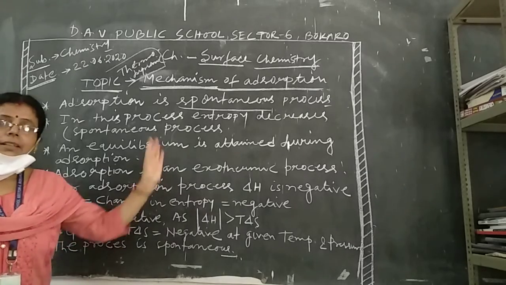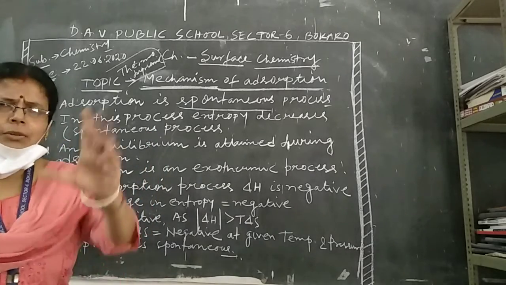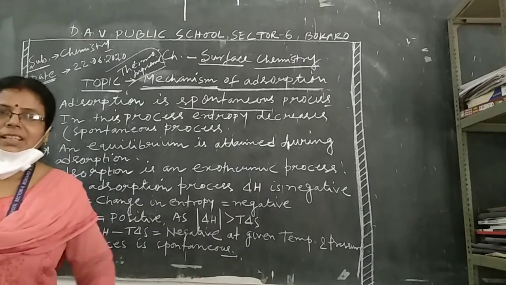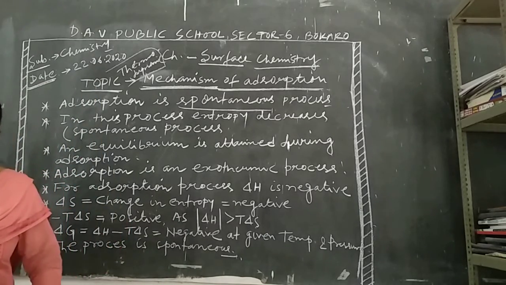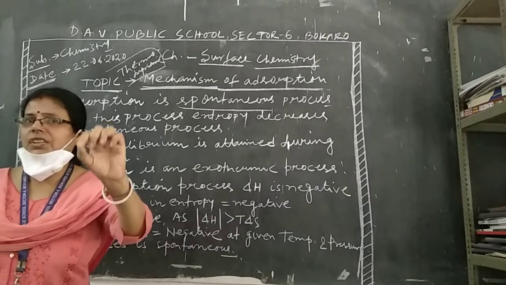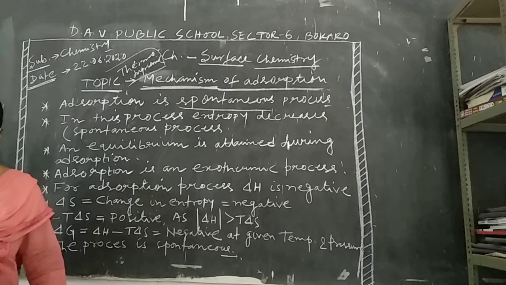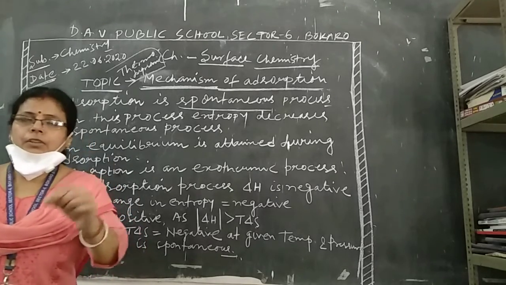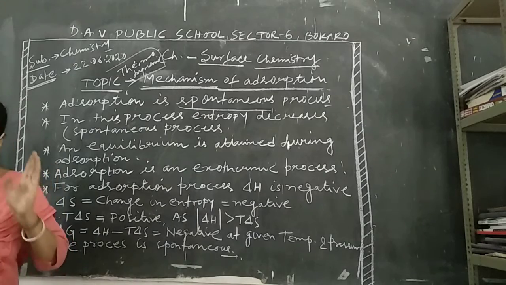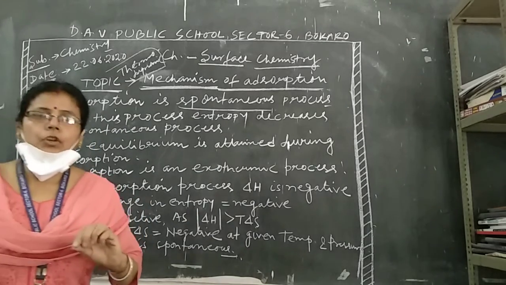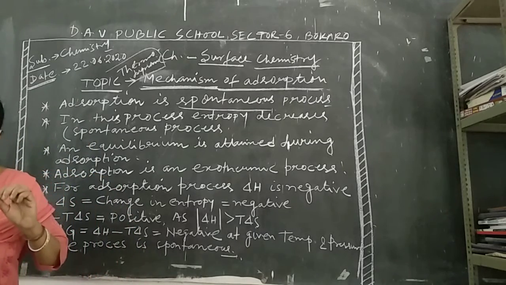Second is entropy. What is entropy? Entropy is the disorderliness of the system. In the gaseous state, entropy is maximum because randomness is maximum, and minimum randomness is in the solid state. The minimum entropy will be in the solid state, medium entropy in the liquid state, and maximum entropy in the gaseous state.